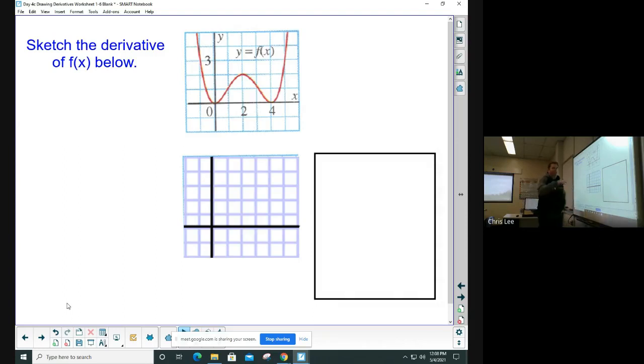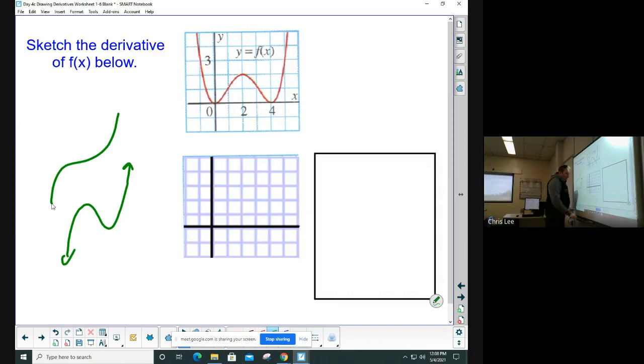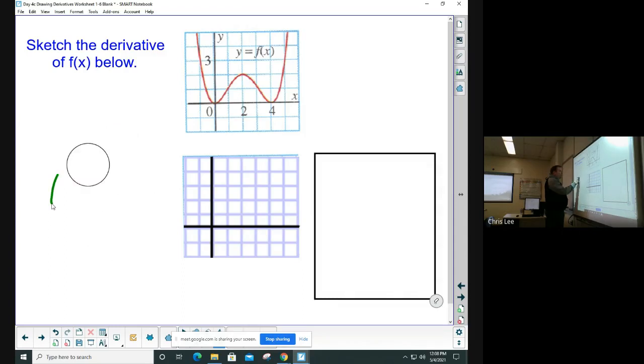Okay, so now remember, cubics look a couple of ways. They can look like this, or they might look like that. Those are both cubics, right? So I've got an idea of what it's going to look like. The other thing that I might know is that the original graph has a positive leading coefficient because it opens up and up.